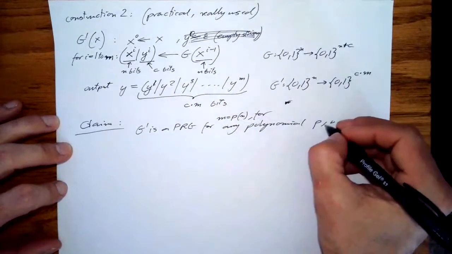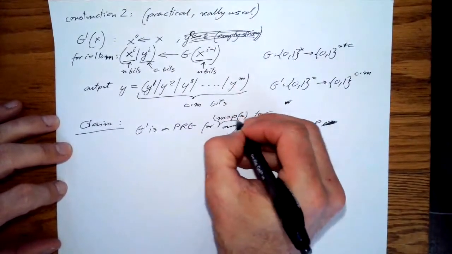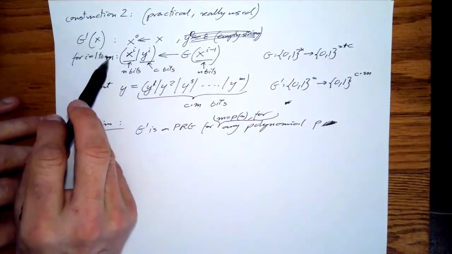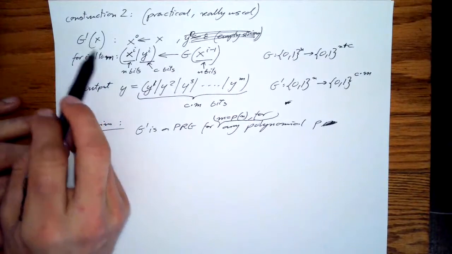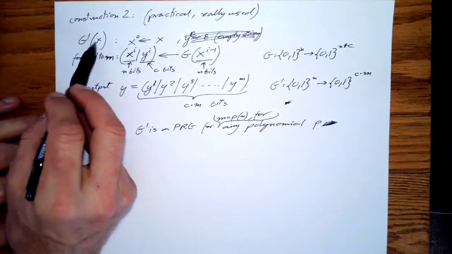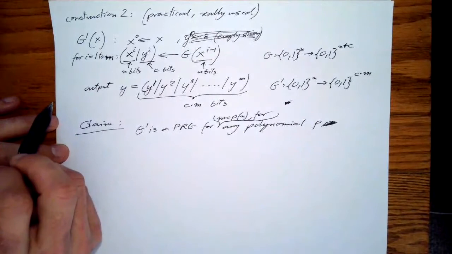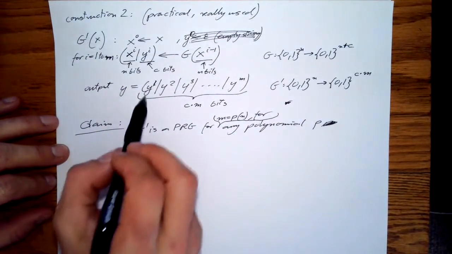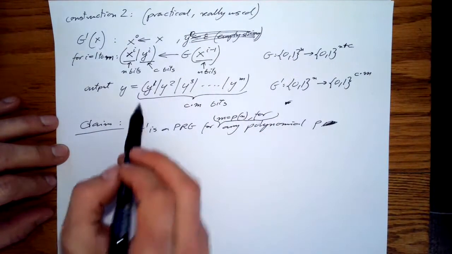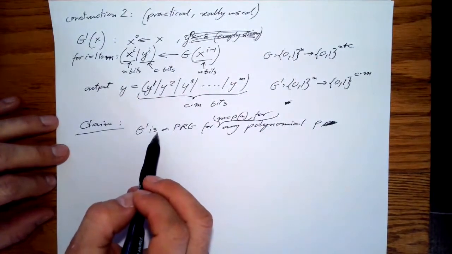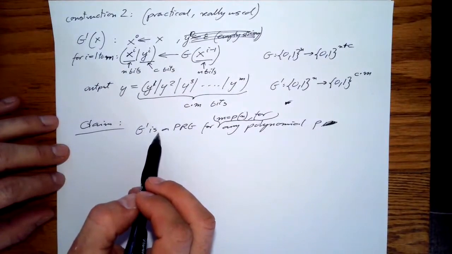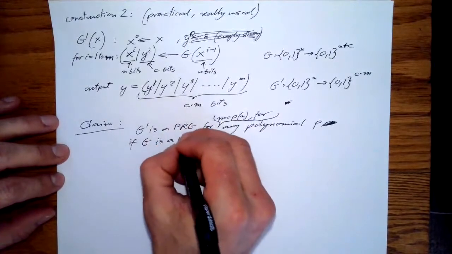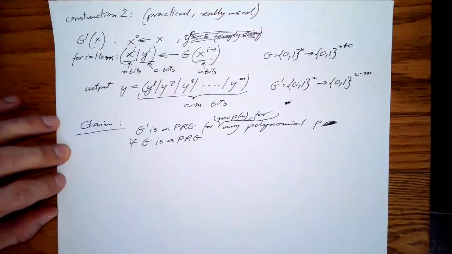So if I instantiate this construction with m, which is an arbitrary polynomial of the security parameter, which is the length of the seed, then I can do this safely. And all my outputs together are indistinguishable from a random string, provided that G is a PRG.